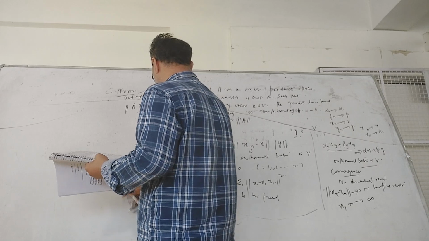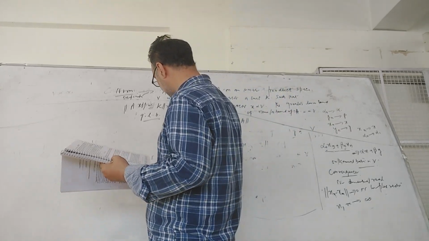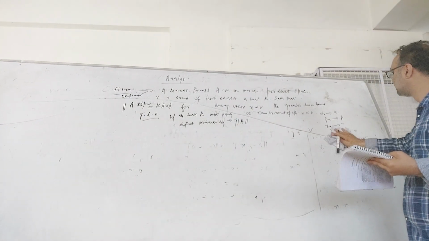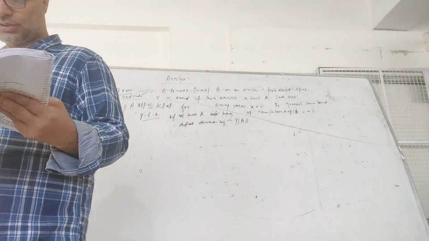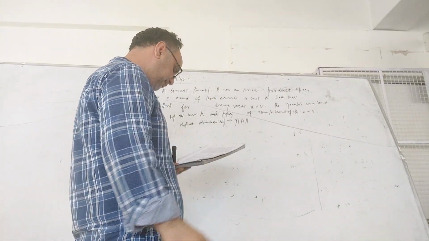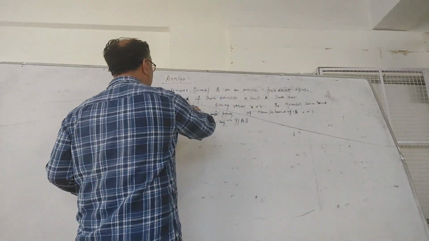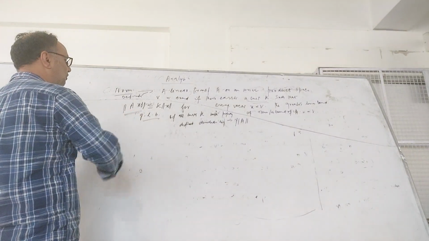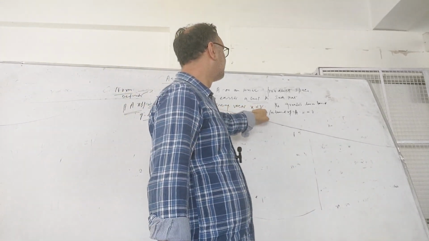So this is the way we have defined it. A linear transformation A on an inner product space V is bounded if there is a constant K, and the constant K should exist such that the norm of Ax is less than or equal to K times the norm of x, for every vector x in V, a finite dimensional space.